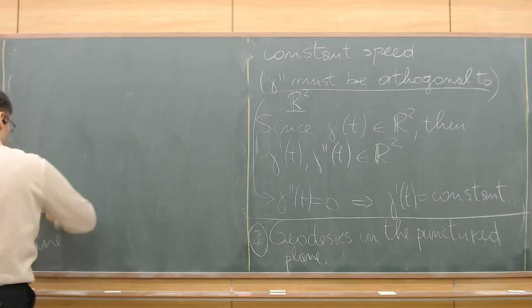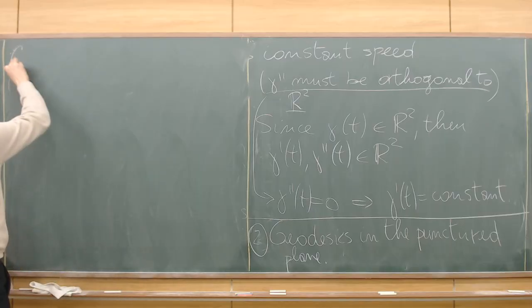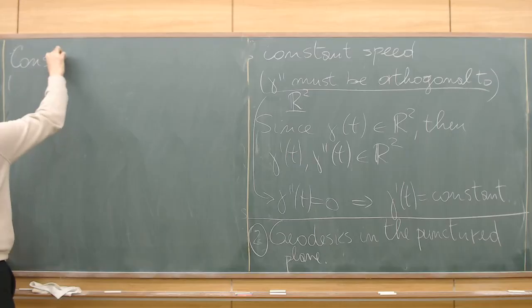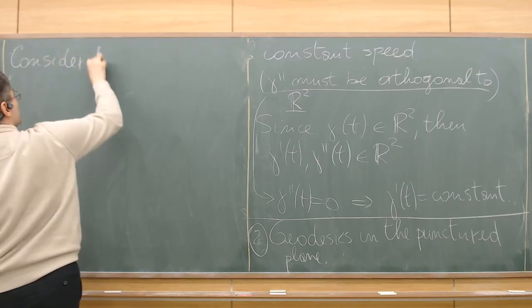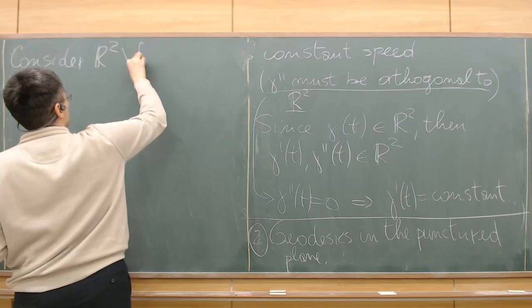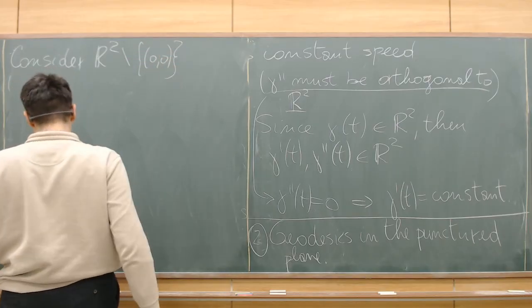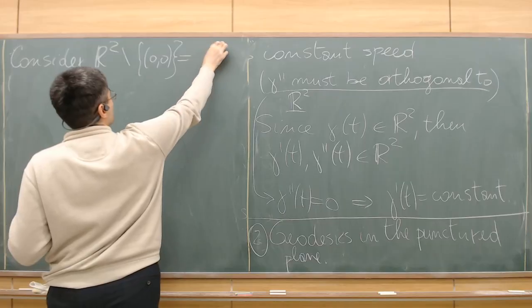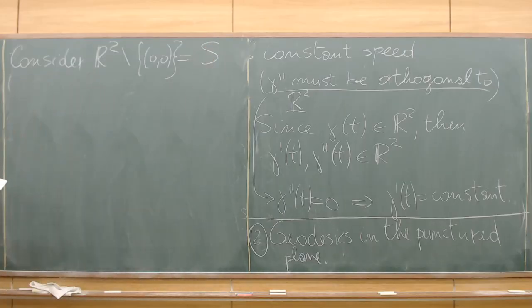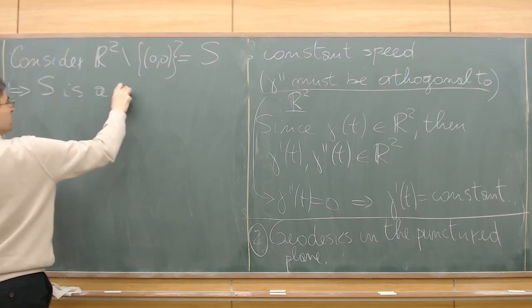In our case, we remove just one point. So consider R2, from which we remove the origin. This is our surface S. It is possible to prove that S is a regular surface.